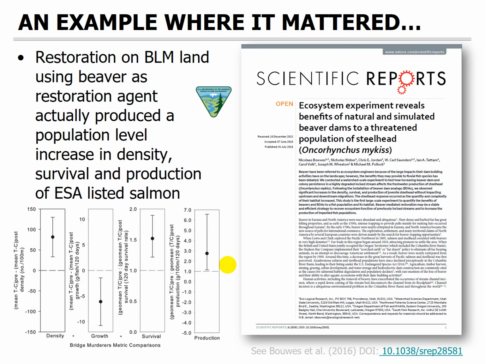I'm going to leave you with one example of where this sort of restoration really made a difference. This also comes from BLM land, this time in Oregon, where the concern was an incised and degraded stream that was limiting habitat for an ESA-listed steelhead. And we were able to see a population-level response to this sort of beaver restoration by seeing big increases in density and survival of these fish, actually some density-dependent effects with growth.